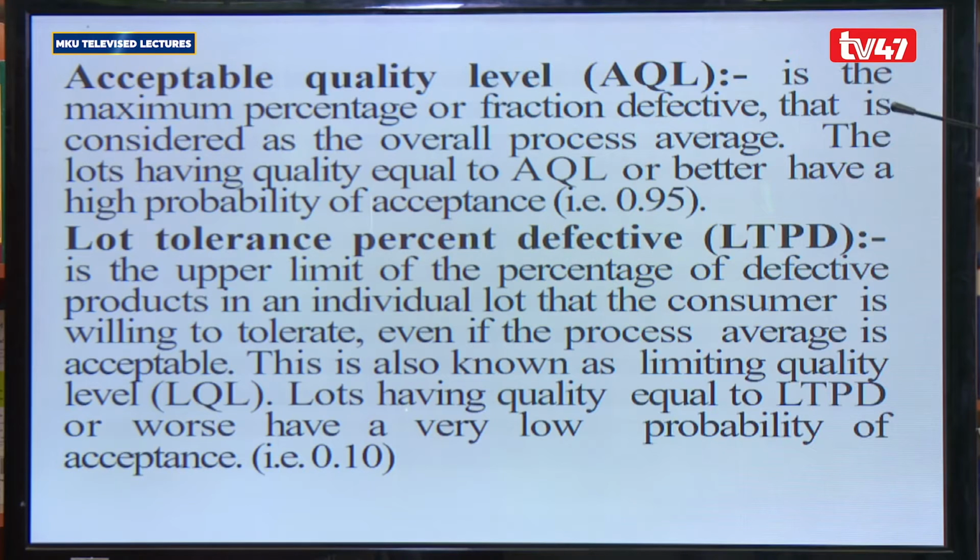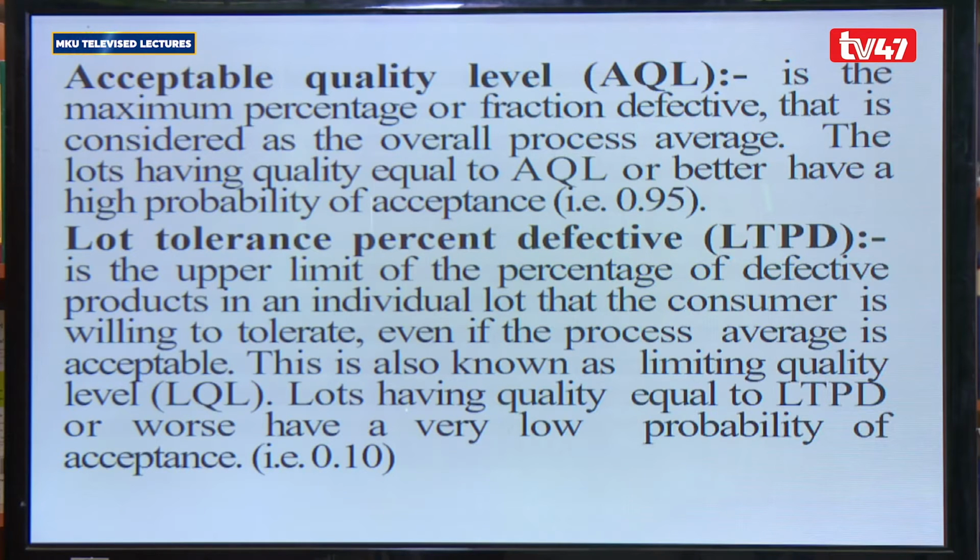Then we have lot tolerance percentage defective, and this is the upper limit of the percentage of defective products in an individual lot that the consumer is willing to tolerate, even if the process average is acceptable.